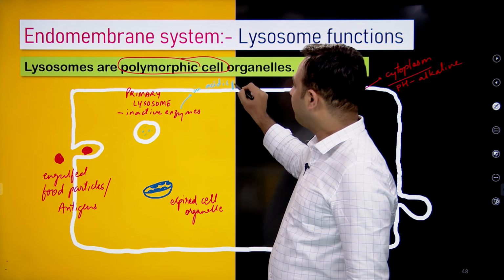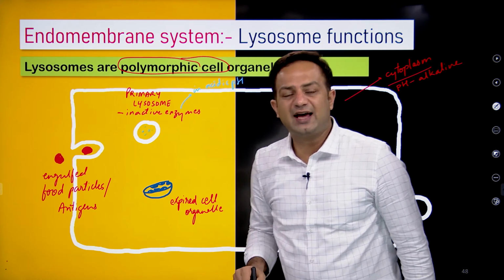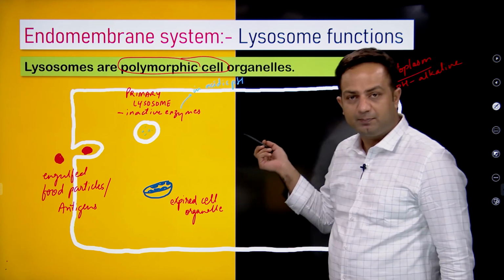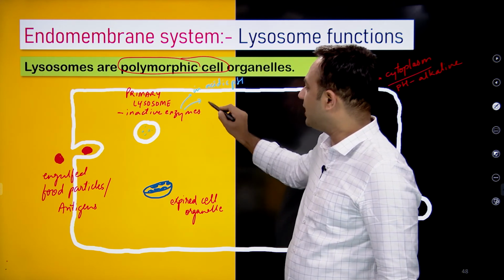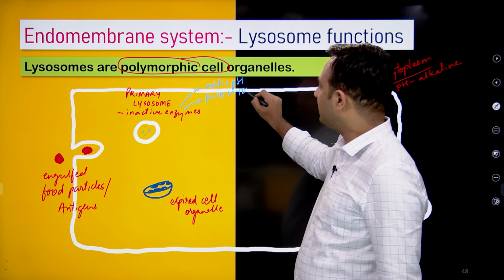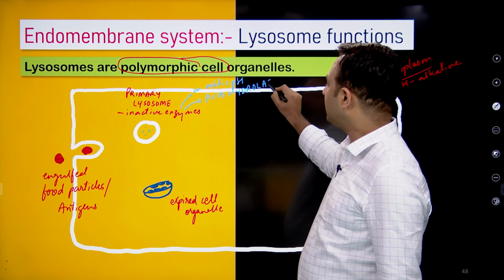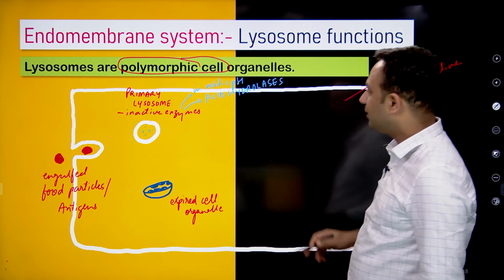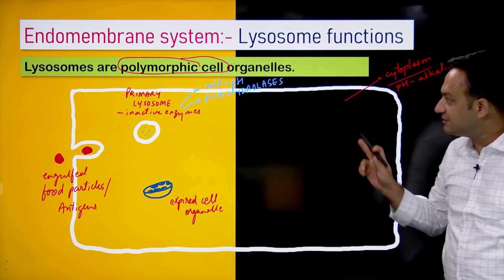Got it? If a material is not getting digested in the alkaline medium, it will be sent to the acidic medium. The enzymes in total are called acid hydrolases. Why? Because these are all hydrolytic enzymes, meaning they break bonds using water. So they are acid hydrolases. Enzymes are inactive.